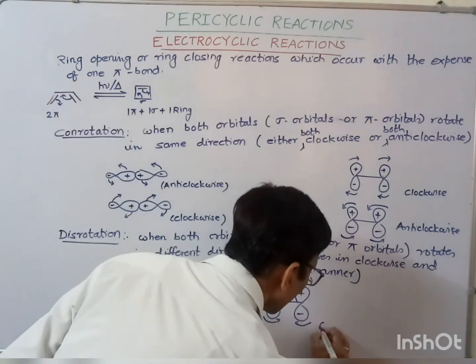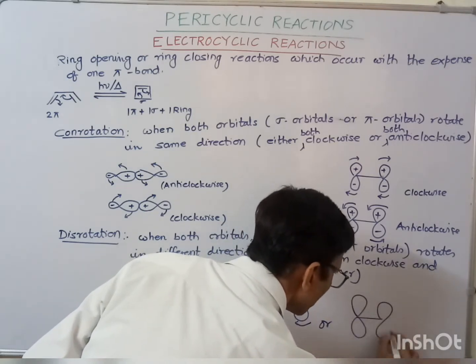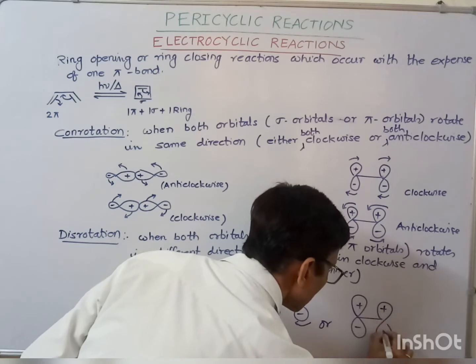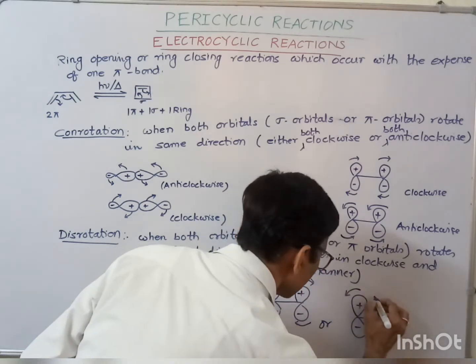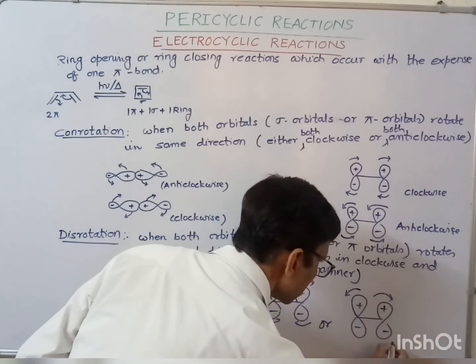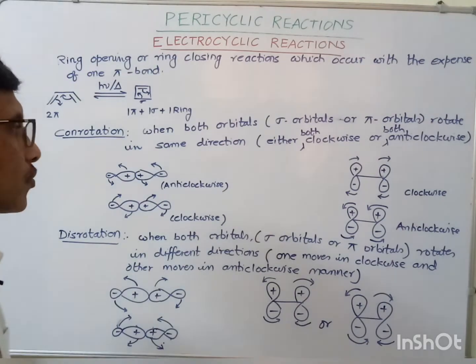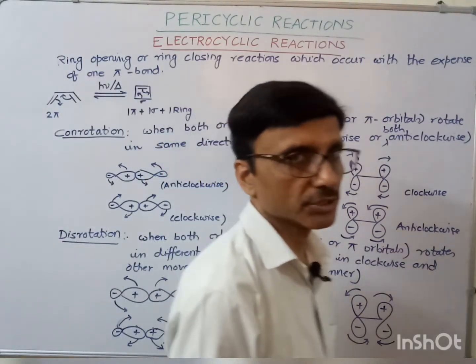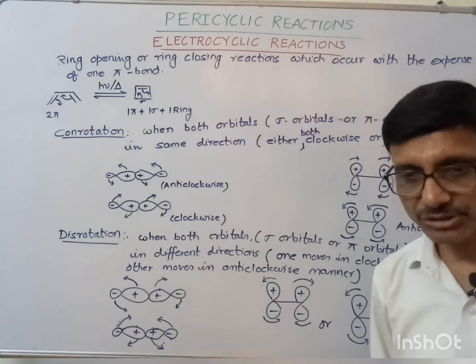Or you may show it like this. So this is moving anti-clockwise and this is moving clockwise. So this is called conrotation and disrotation. These are the two terms that we should be clear about when we start electrocyclic reactions.